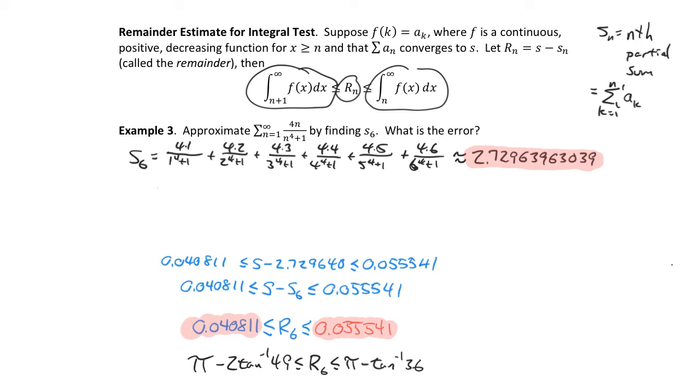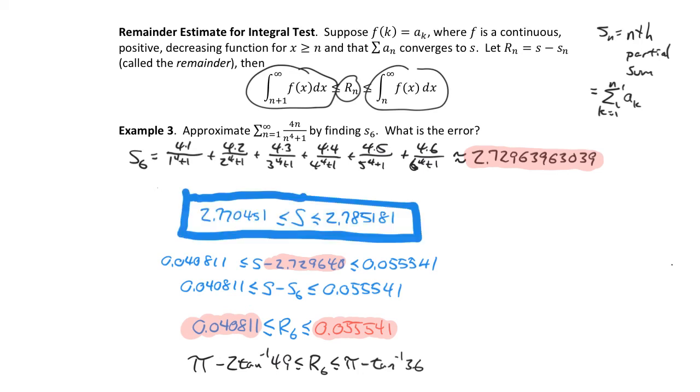And now if I add this value across the inequalities, we'll get an estimate for where we'll find the true value of this integral. And we see that the true value is between 2.770451 and 2.785181. So the integral test does give us a way to estimate the sum, but it doesn't necessarily give us a way to find what the sum is equal to.